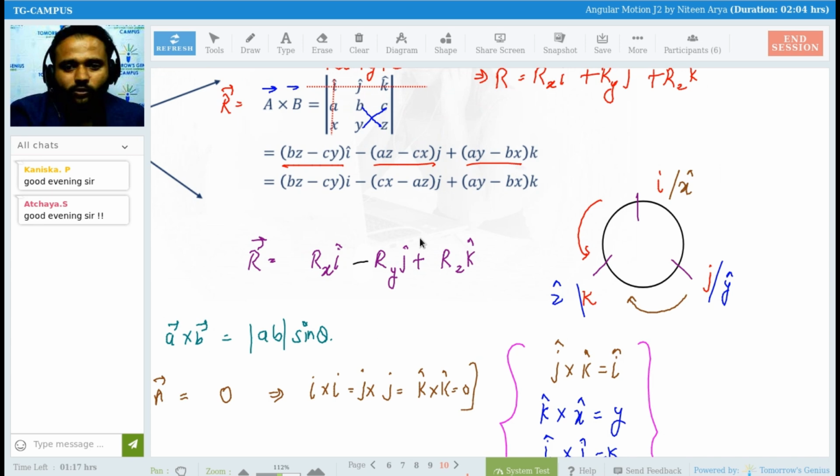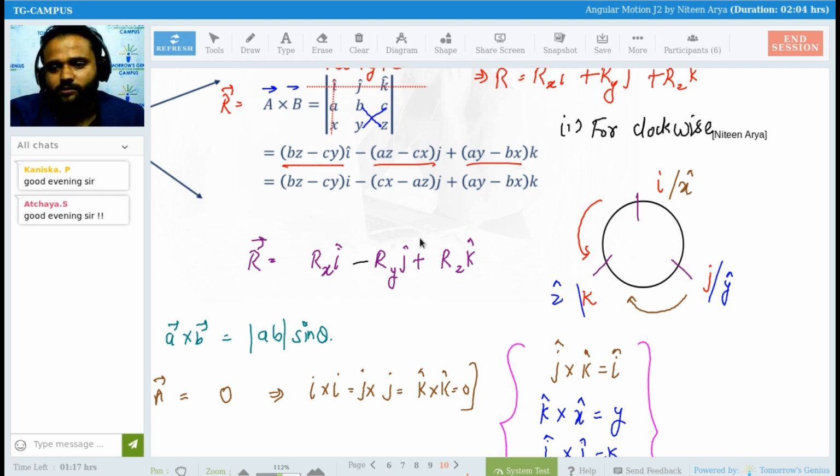So I can make a small note here. We get, for clockwise rotation, for clockwise product or rotation, we get positive. We get positive vector product. Okay.